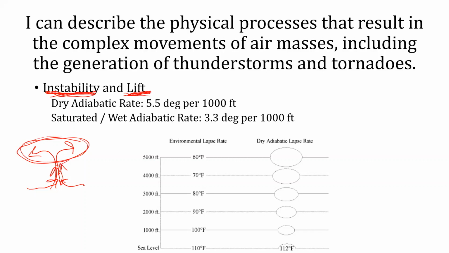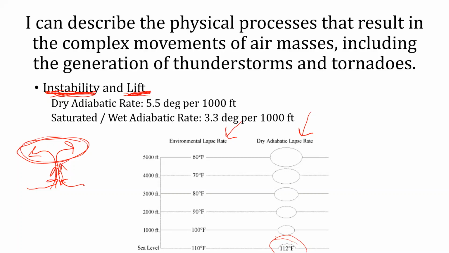So that's what the lift is referring to, and the instability is about keeping the air parcel that you're thinking about warmer than the surrounding environment. If we want to know if a parcel is stable or unstable, stable meaning it's not going to rise upward, and unstable meaning it's warmer than its surroundings so it's going to rise, we start with the initial temperature of that air parcel, let it cool at the appropriate rate, and just see what happens.